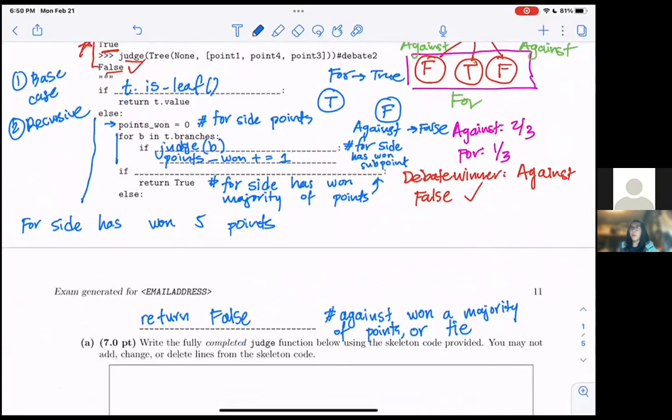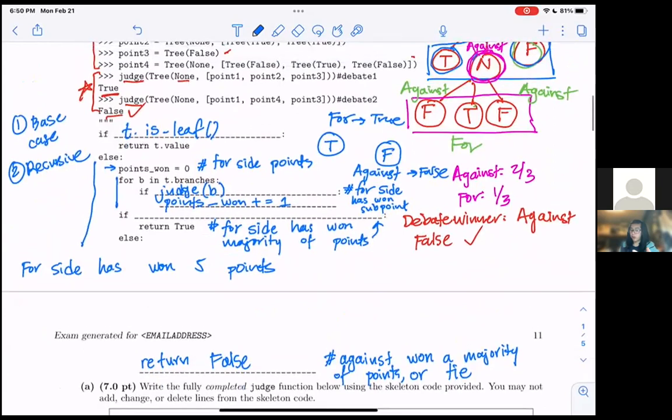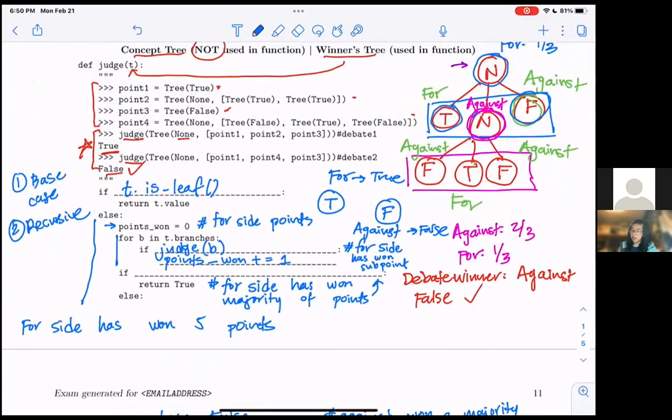Well, let's think about what majority means. Majority means more than 50% of the total. So how do we determine the total number of points? Well, the total number of points, as you can see here, is the number of branches that T has.